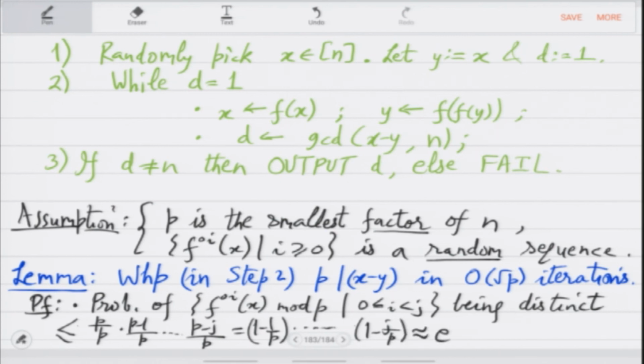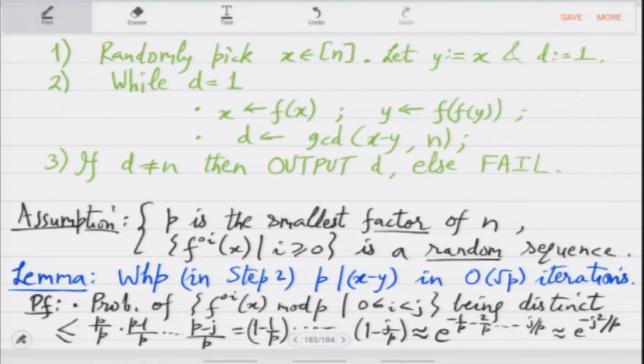So this is e raised to minus 1 over p minus 2 over p dot dot minus j over p, which is around e raised to minus j squared by p.